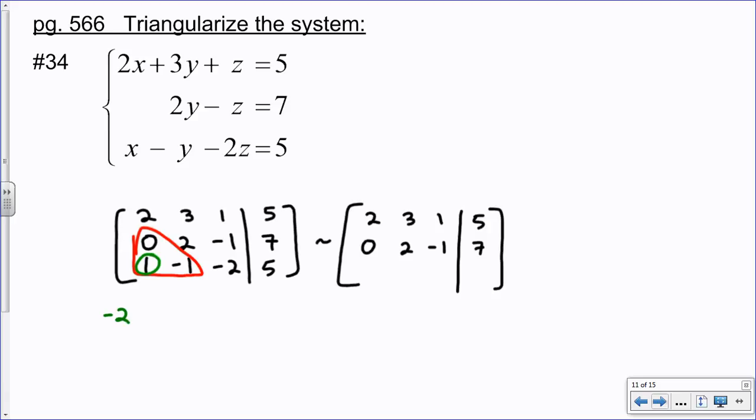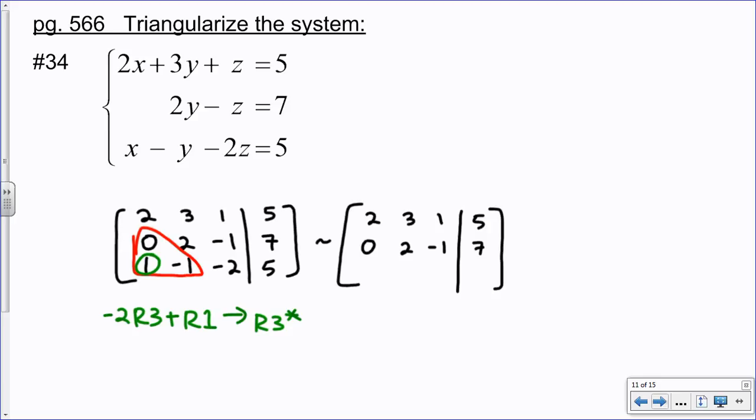So negative 2 times row 3 plus row 1 is going to give me my new row 3, because that's where I want the 0 to be, in row 3. Copy down rows 1 and 2 because you're not changing those, and then you can do your multiplying.